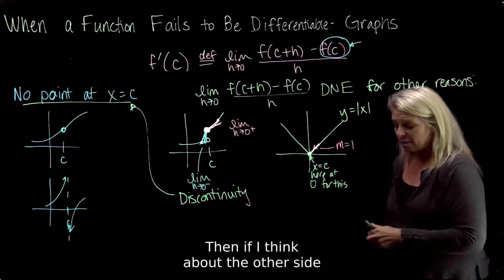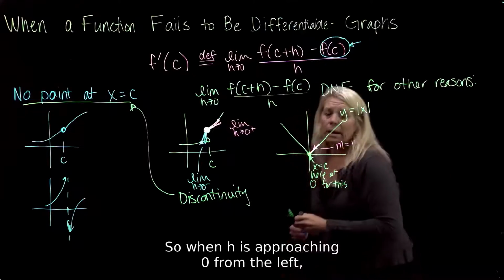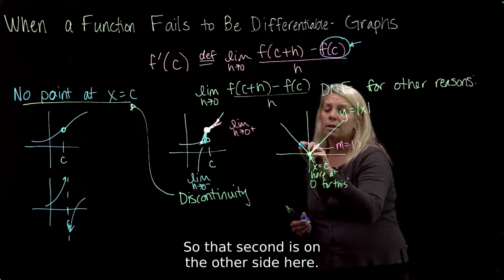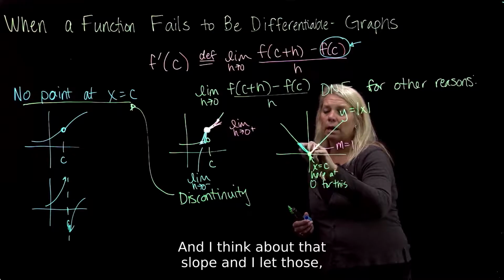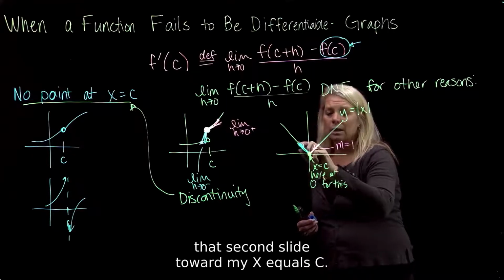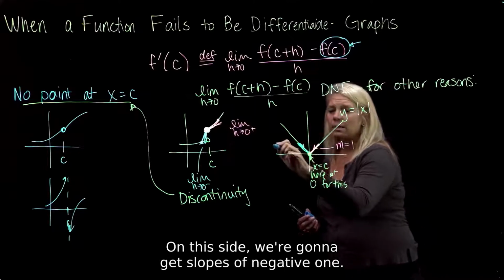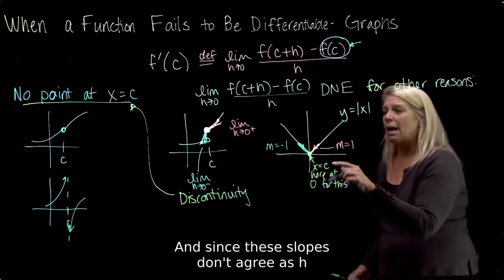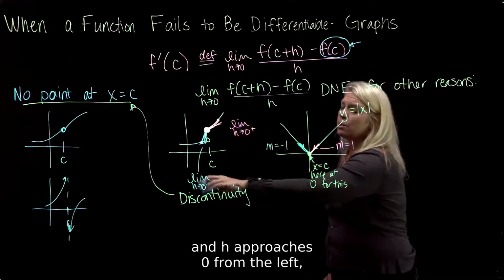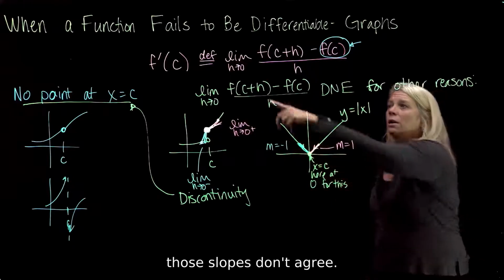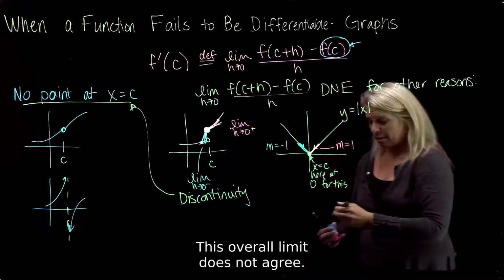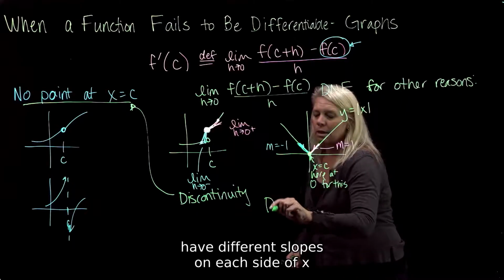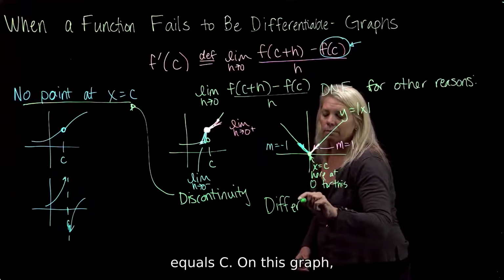And then if I think about the other side of that point, though, so when h is approaching 0 from the left, so that second point is on the other side here, and I think about that slope, and I let that second point slide toward my x equals c. On this side, we're going to get slopes of negative 1. And since these slopes don't agree as h approaches 0 from the right and h approaches 0 from the left, this overall limit does not agree. So the idea here is that I have different slopes on each side of x equals c.